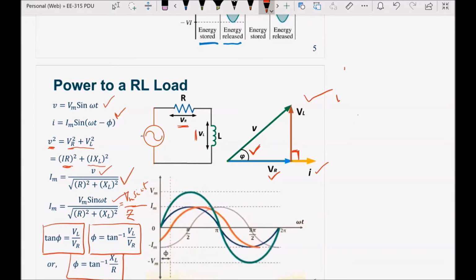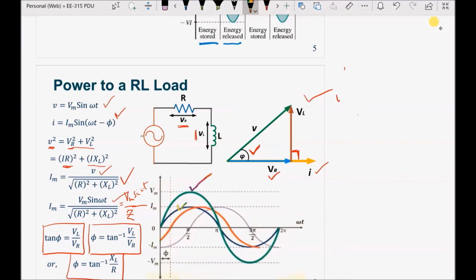Okay, now to plot the curves, consider the green waveform as the voltage across the resistor, and the blue waveform is the current IR following the same path. Now talking about the inductor current, which is IL, it lags the voltage by 90 degrees.